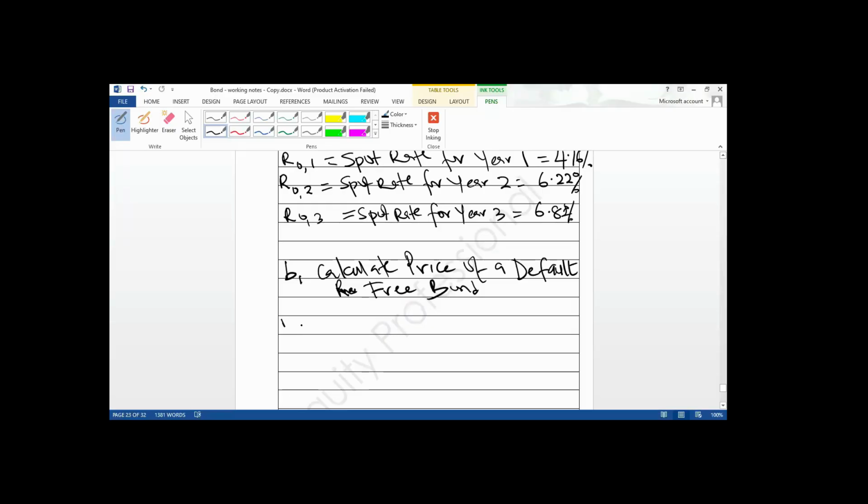Maturity of the bond, 3 years. Face value of the bond, 1,000.